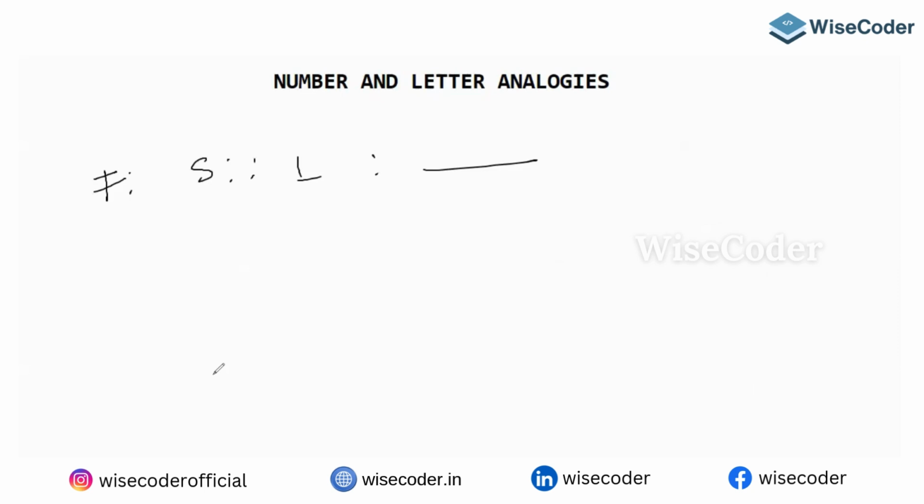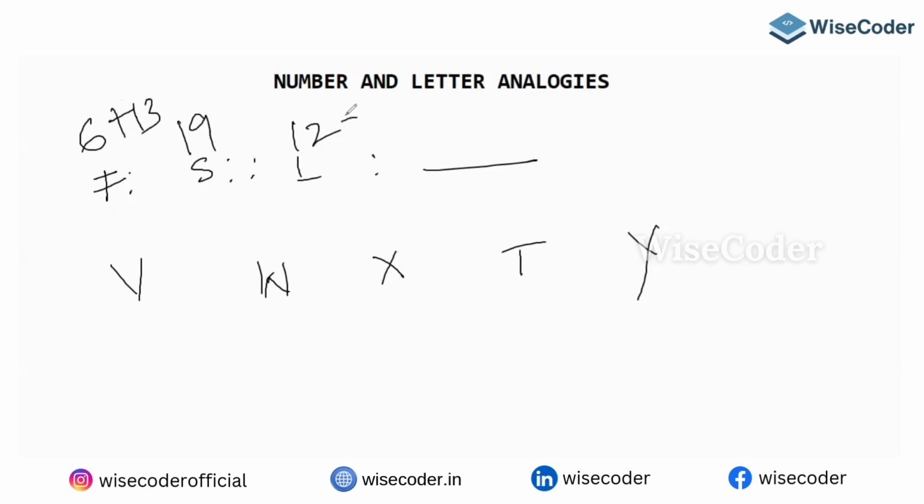Your options are V, W, X, T, Y. Look here: F place position 6, S place position 19, L place position 12. Let me check the difference: plus 13, plus 13, 12 plus 13 is 25.